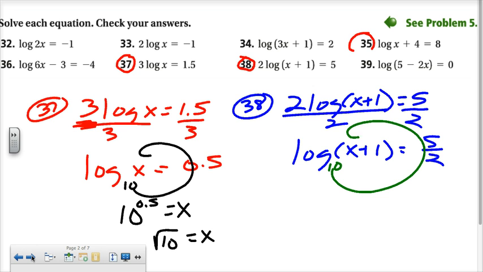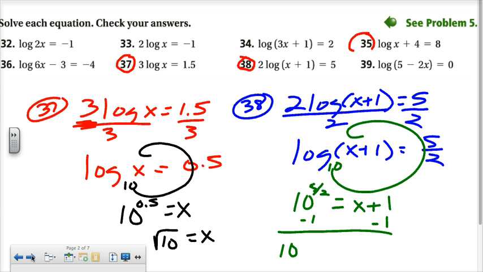And snail shell, exponentiate. So 10 to the 5 halves equals x plus 1. And then again, no rounding error, just go ahead and subtract 1 from both sides and then punch it in. So 10 to the 5 halves minus 1 equals x. So 10 to the 5 halves, and then we need to subtract 1.